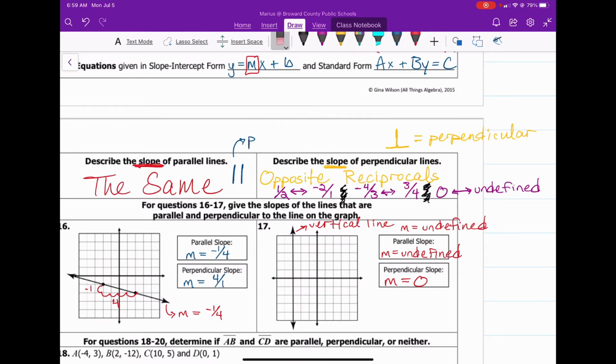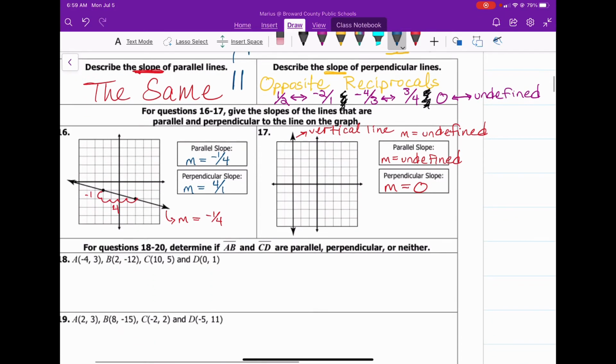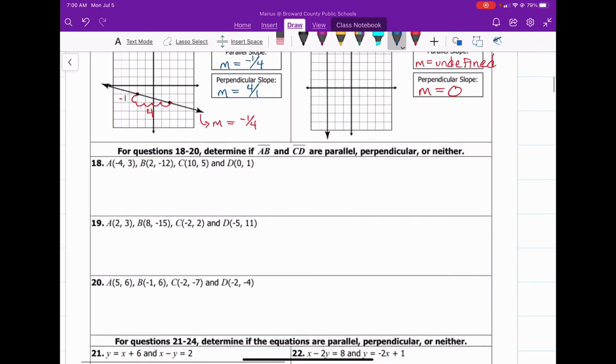Oops, not spelling parallel right. There we go. All right, so we're gonna use those symbols when we answer these questions. And for neither, we can just use NA, not applicable, or we can just write out neither, doesn't matter.